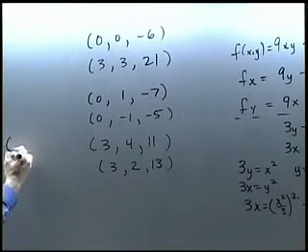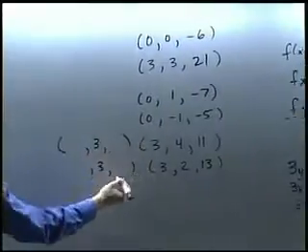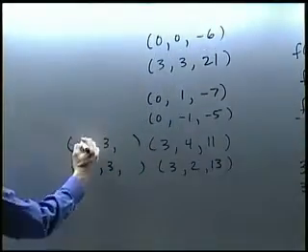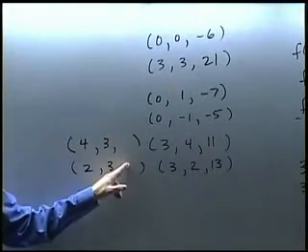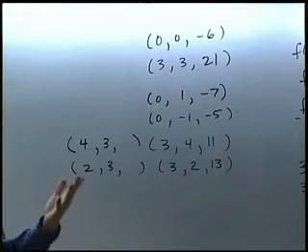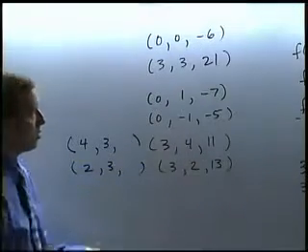I would also want to go back and consider, what if I keep the y coordinate at 3, and I start changing the x coordinates a little bit? So what if I change this to 4 and this to 2? I'd also want to check to see, are both of those numbers smaller than 21? See, that's the thing in 3 dimensions. We've got to check every direction to make sure that these numbers are all smaller.